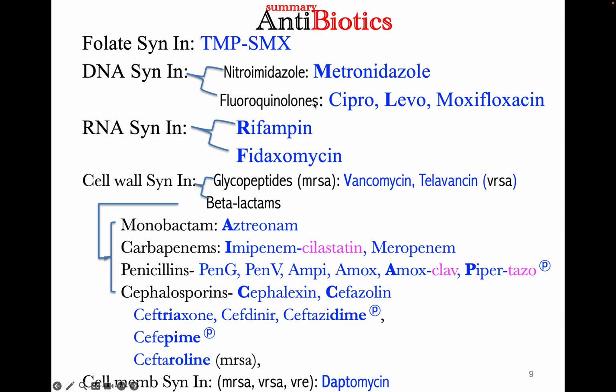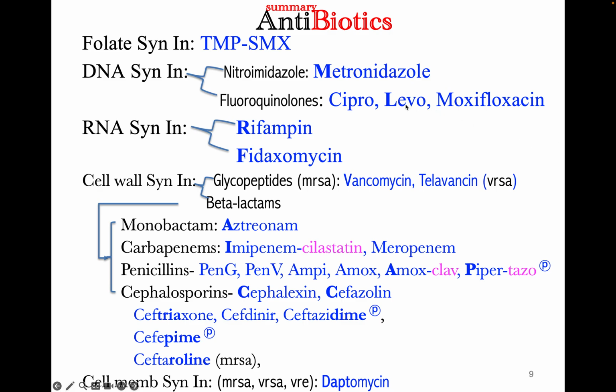Okay. So then you need to know these 3 drugs very clearly. Ciprofloxacin and levofloxacin are commonly used for urinary tract infection. How I remember is ciprofloxacin is excreted through urine and feces, but levofloxacin is eliminated mainly by urine, but moxifloxacin by feces.